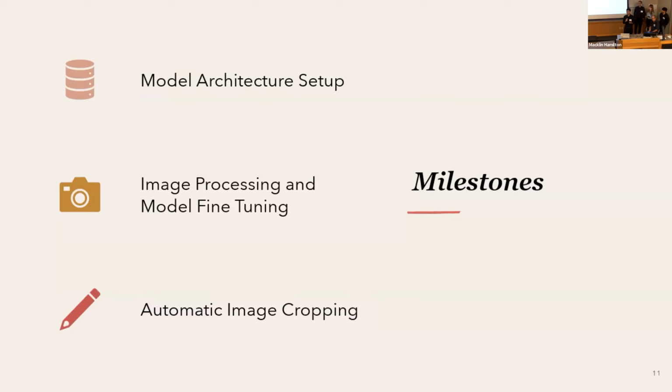But the model fine-tuning is basically just tuning hyperparameters such as the number of epochs, the input shape, the activation functions, among a lot of other hyperparameters. And the last milestone that we have is the automatic image cropping. You'll see Mia walk through this later, but it basically crops to an animal, and it does it automatically.